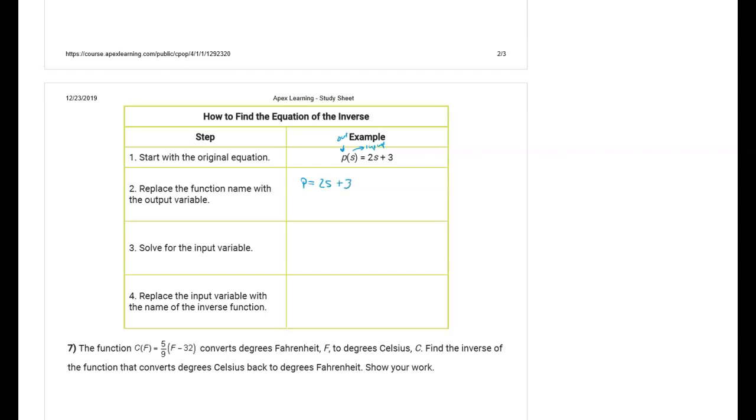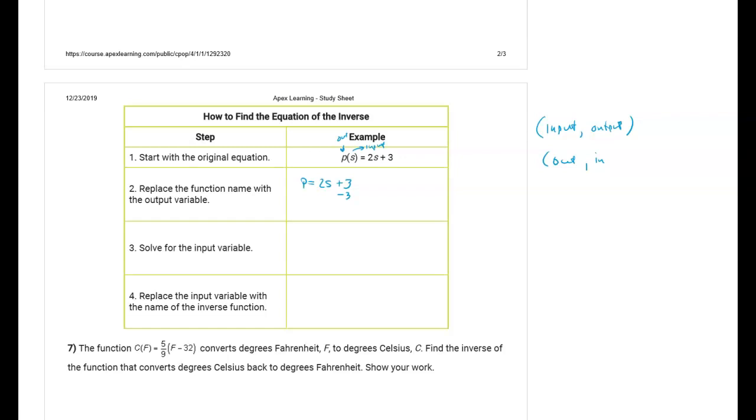Now what they want you to do is solve this function for the input value. Remember, if you have your function, it's always your input comma your output, but now we're switching it to output comma your input. So what we're going to do now, real quick, is solve this equation for s. I'm going to subtract 3.